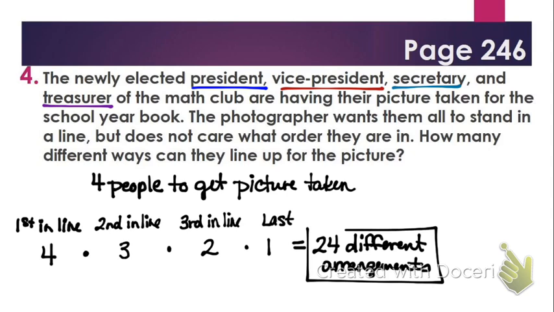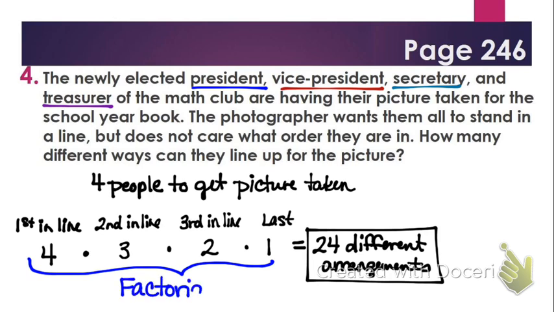This idea right here, where every time you make a choice, and that means the number of options that are available the next time is 1 less, this is called a factorial. Factorial starts with the largest number of possibilities, and then it goes down by 1, down by 1, down by 1, down by 1, until you get down to the very last choice where there's only 1 option.